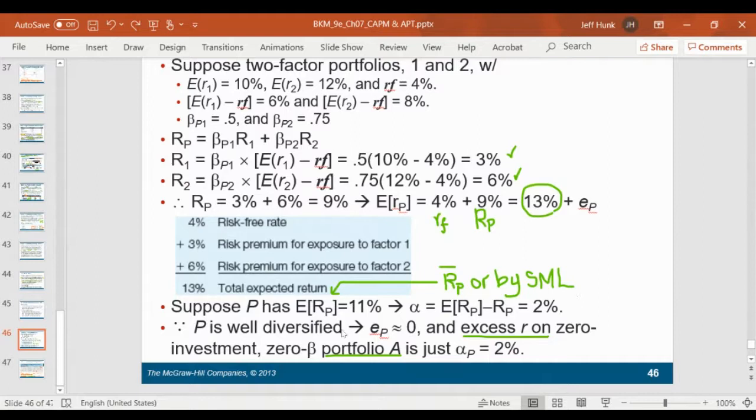So if that expected risk premium is 11%, now we know what alpha would be. Alpha is then 2%, and it's positive alpha. So what do you do? You short sell these factor portfolios, right? The component portfolios.